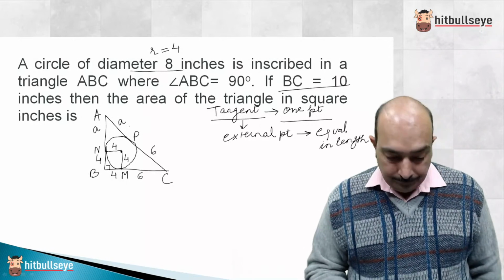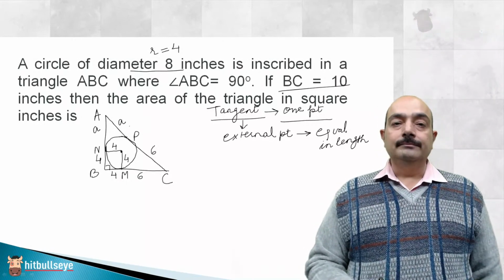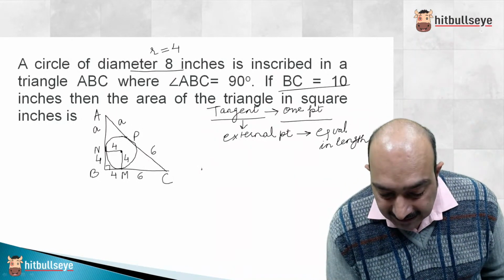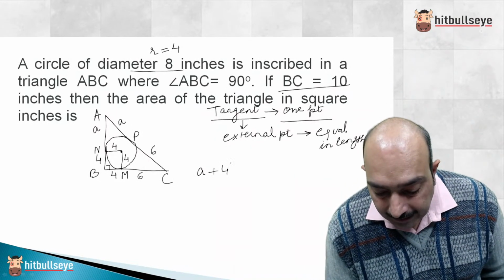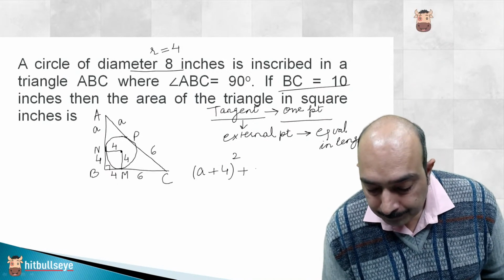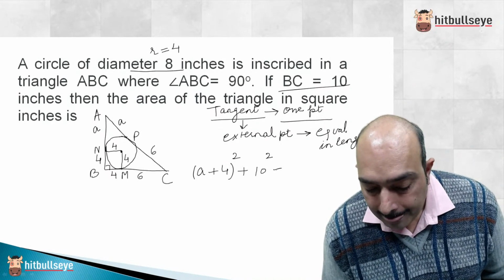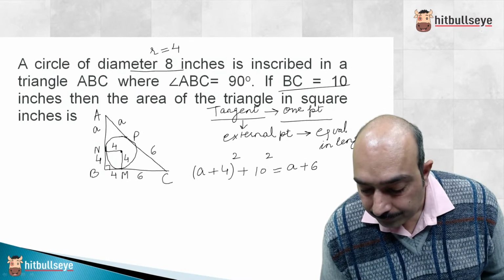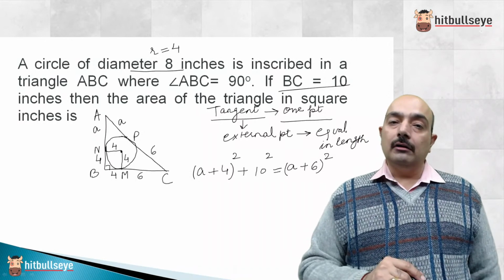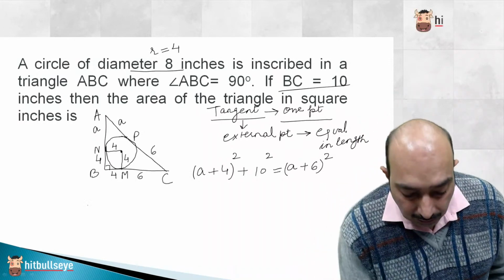Now we know our favorite theorem, Pythagoras theorem. Please apply. So if I apply that, everybody agree that (a + 4) whole square plus 10 whole square would be equal to (a + 6) whole square? Let us solve.